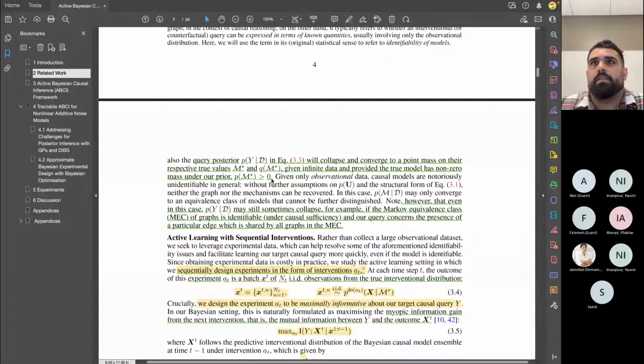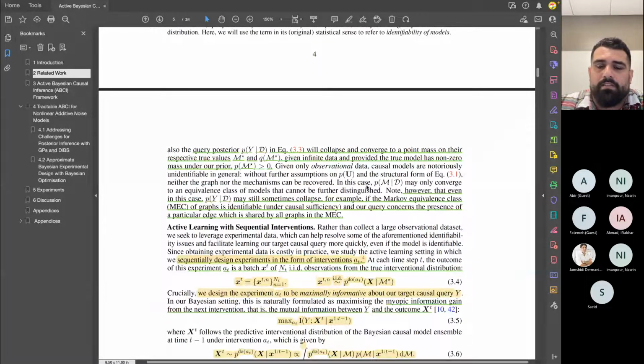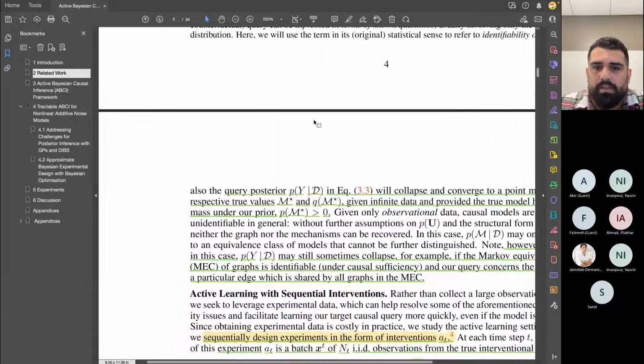So if this identifiability assumption is satisfied, then the algorithm for estimating this Bayesian approach will collapse. But if the identifiability assumption is not satisfied, then it's going to be a little bit difficult for the algorithm to converge.